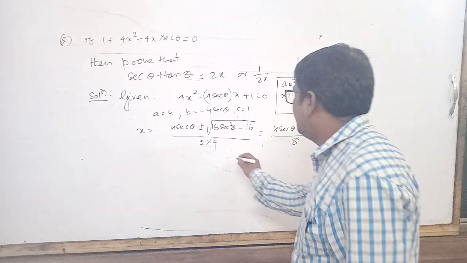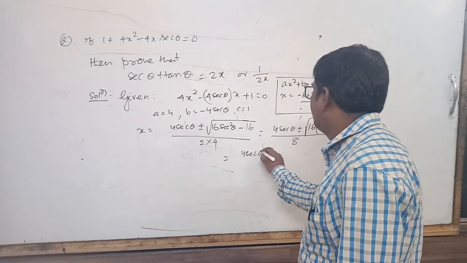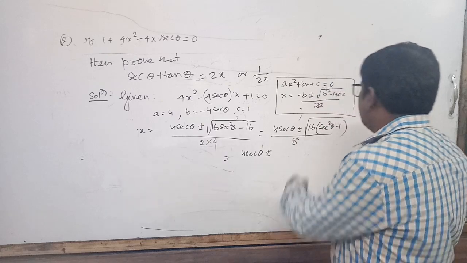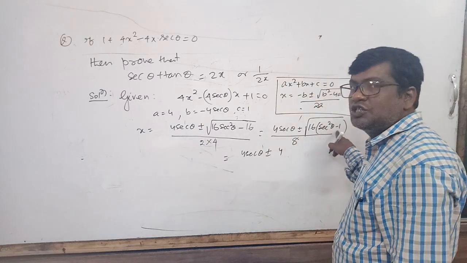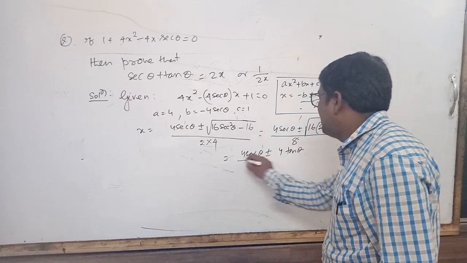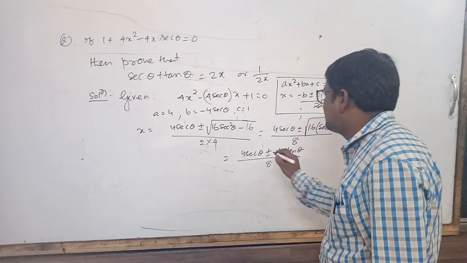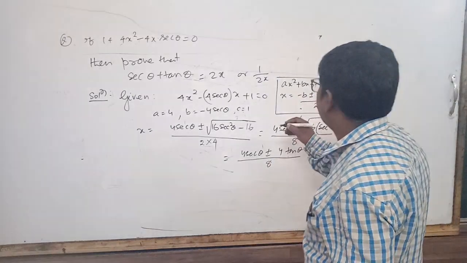Clear? And this is 4 sec theta plus or minus 4 root of sec square theta minus 1, which is tan square theta, so tan theta, divided by 8.